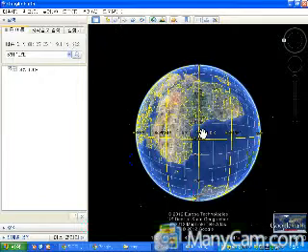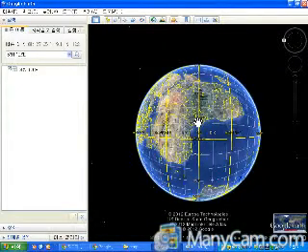So I can get almost the same areas of the Earth. That's quite interesting. After that I can calculate.